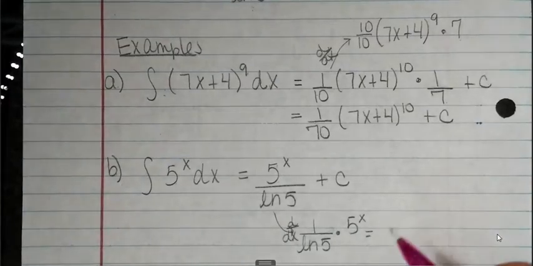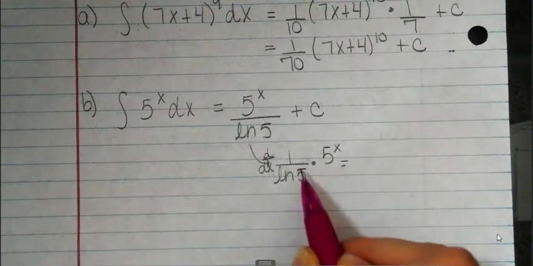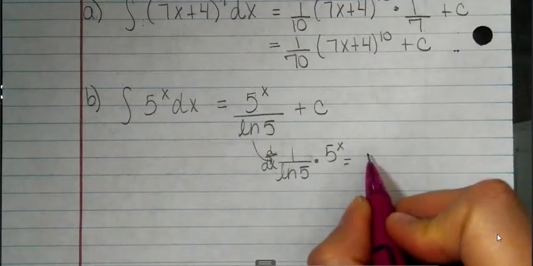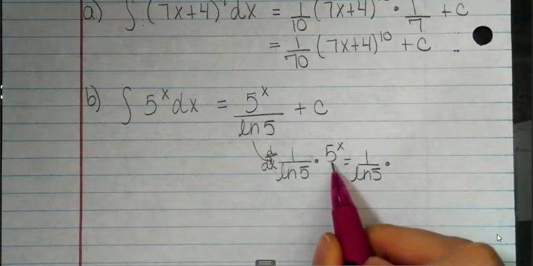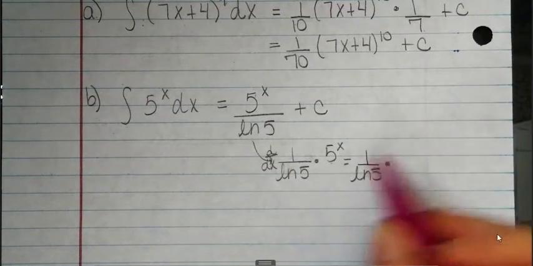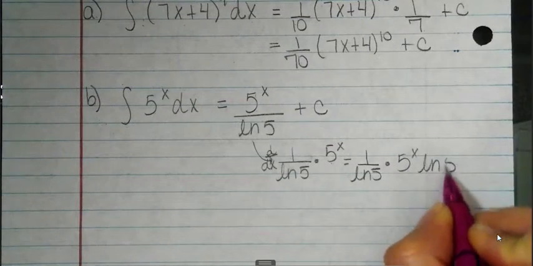So thinking about that, this coefficient or constant will stay exactly the same. And then I take the derivative of 5 to the x, so that's 5 to the x times ln of 5.